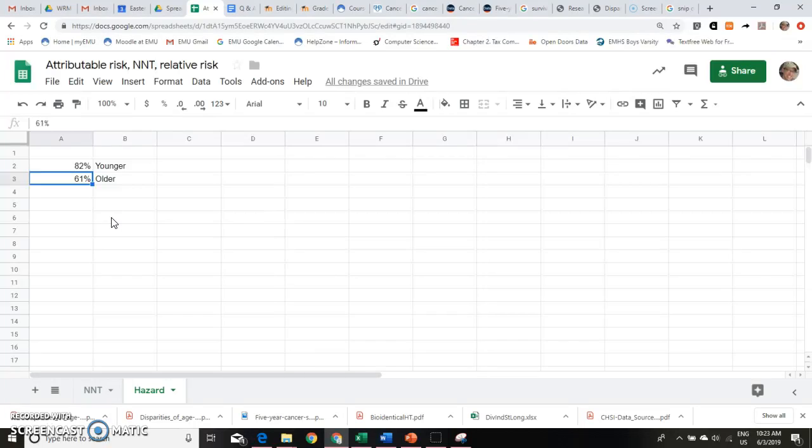So why would we say that these are almost twice as likely to die as these? Neither of those numbers is 2 times the other one. But keep in mind, these are survival rates here. The danger here is the death rate, correct? So we'll take an equal sign, 100%.